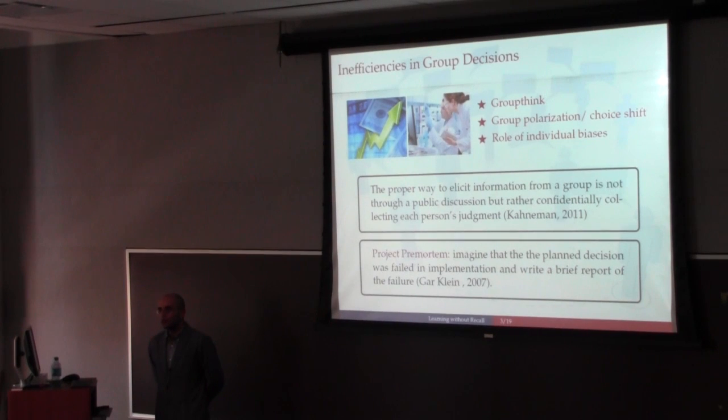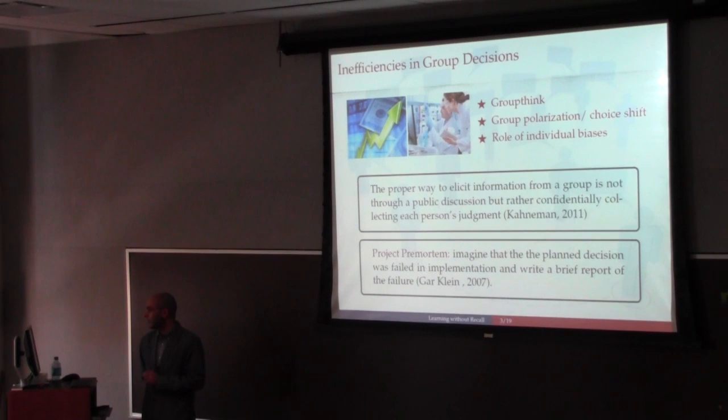Other examples are group polarization or choice shift. This refers to the phenomenon when people who are like-minded about some particular issue interact with each other repeatedly and their opinions end up shifting to extremes. So originally they had maybe a bad opinion about a particular topic, but after interacting with each other, this enters a positive feedback loop, and they all end up having a very bad opinion about that particular thing.